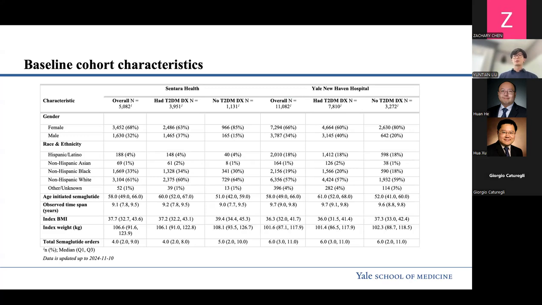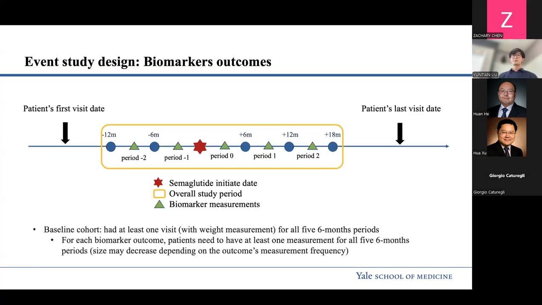By that, we are hoping to get a hint of the purpose of semaglutide use, because we know that diabetic patients may use semaglutide for type 2 diabetes, and non-diabetic patients may use it for weight loss. But we don't know for sure, because, as I mentioned, there is off-label use of semaglutide, so we can't really know it for sure in our data.